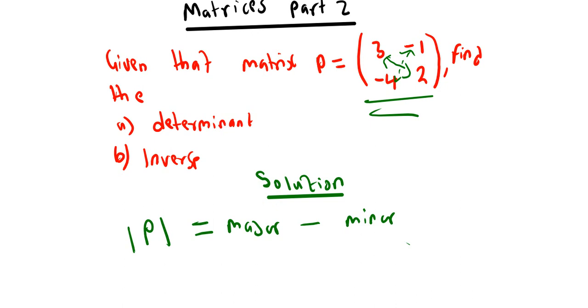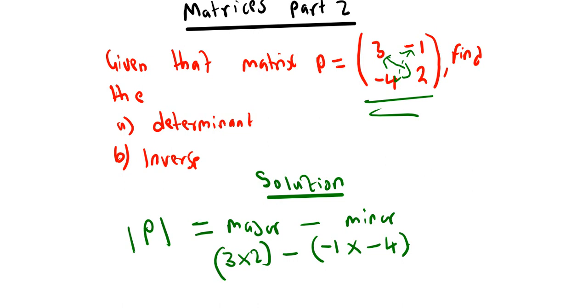So in the major diagonal, we have 3 multiplied by 2, and that's minus, open brackets, be very careful, we're multiplying -1 multiplied by -4. Those are the things in the minor diagonal.